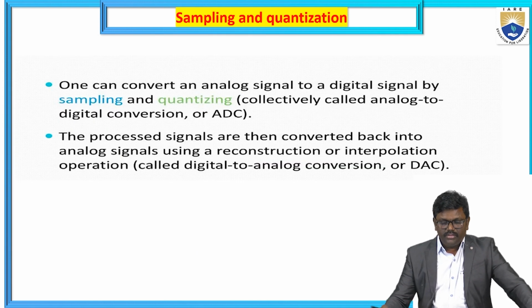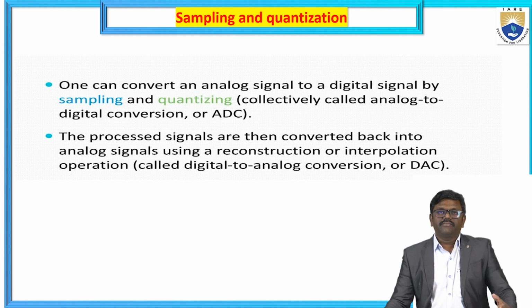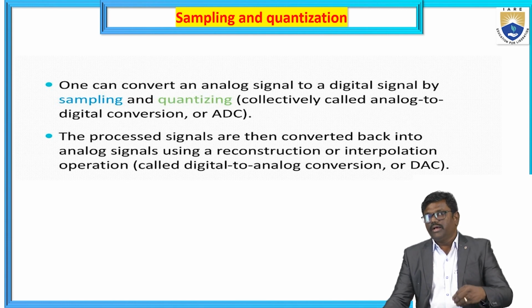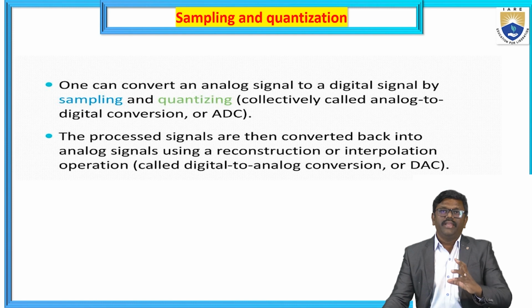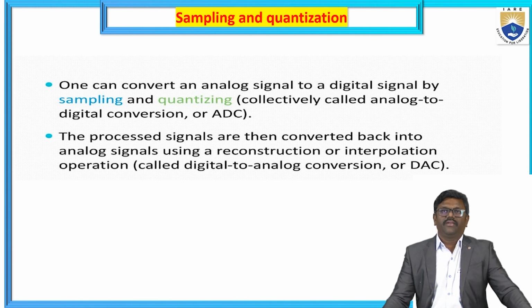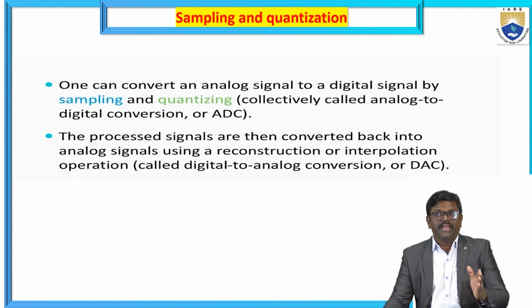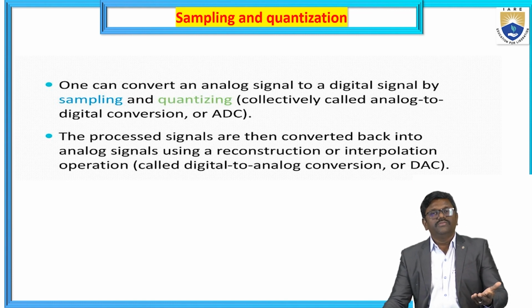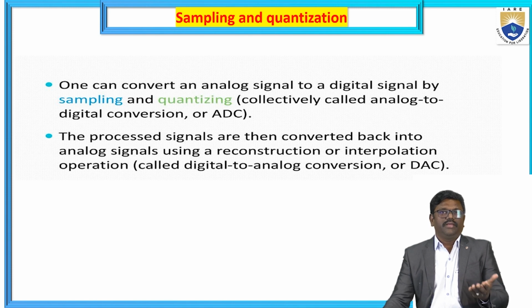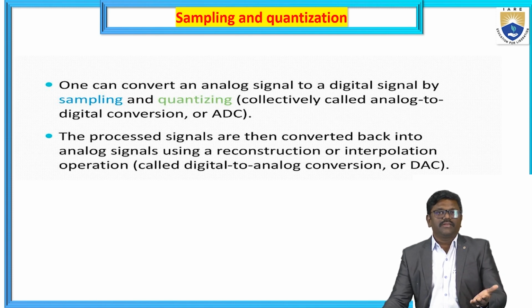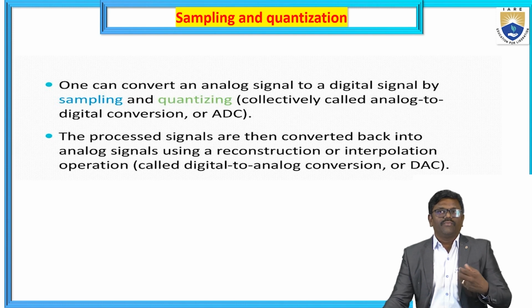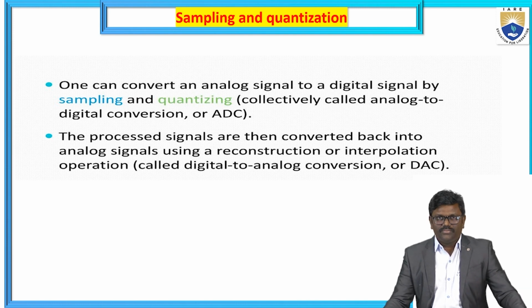Once you have gone through the sampling, connected with the quantization, and connected to your original binary data signal, that is the coding signal. That means one can convert an analog signal to a digital signal by using sampling and quantization only. We call that analog to digital conversion, which completely depends on the concept of sampling as well as quantization.